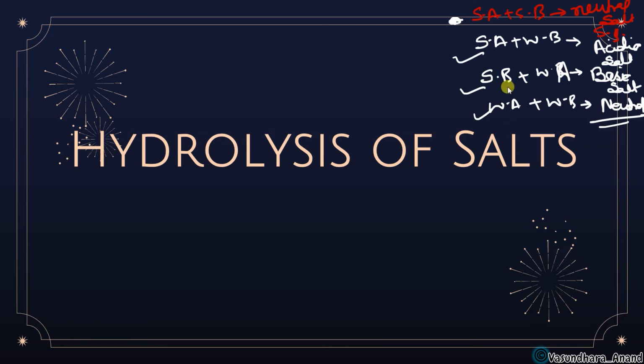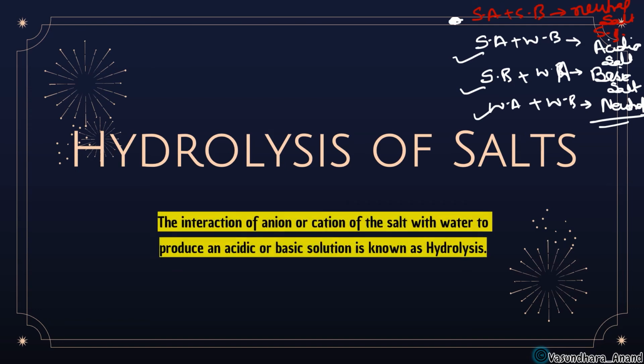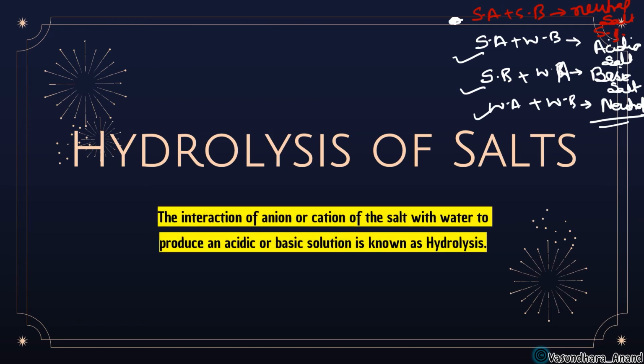Now, the interaction of the anion or cation of the salt with water to produce an acidic or basic solution is known as hydrolysis. As an example, if you take any salt, like NaCl, that will be strong. So let me use this CH3COONa.